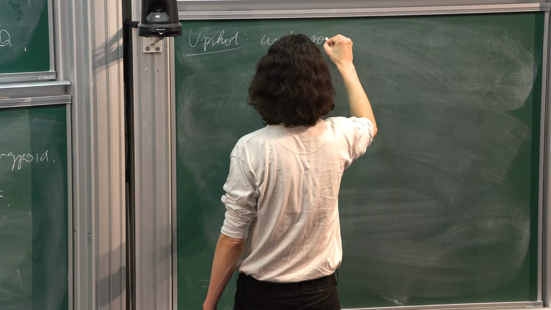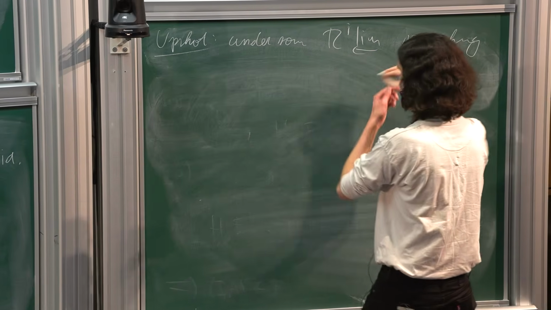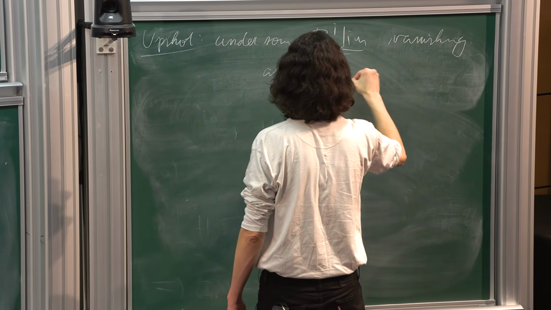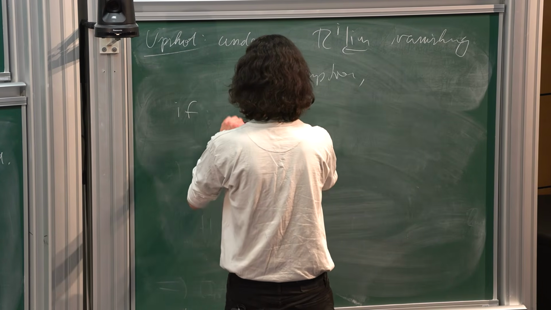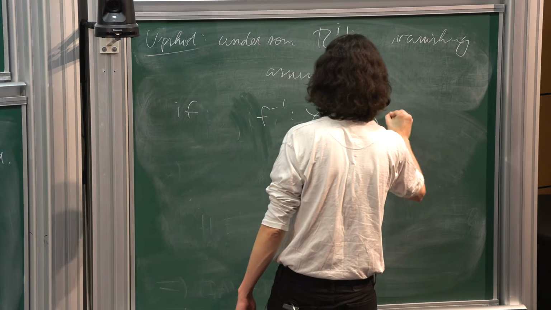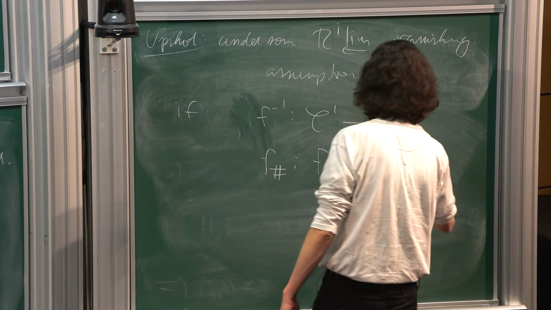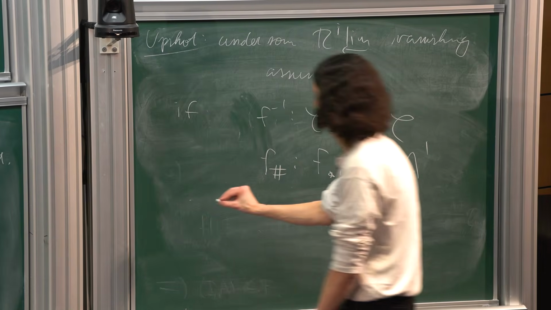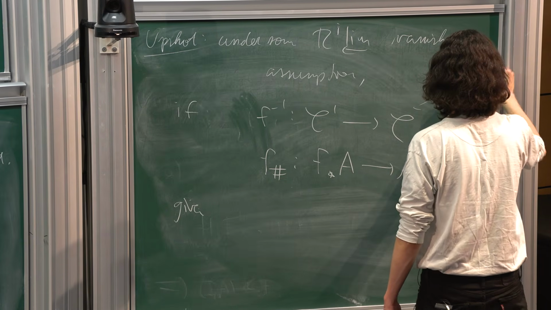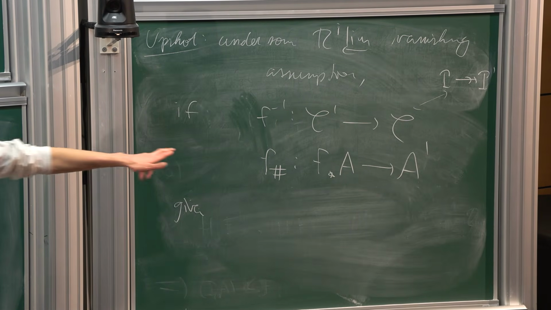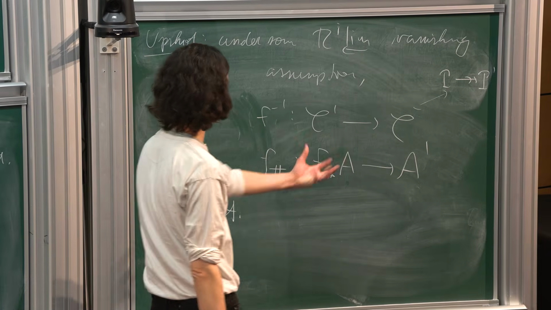Under some R^i lim vanishing assumption, if you're given this part of the data and the corresponding thing for the sheaves, like on the class groups, and let's say that this corresponds to a surjective map of profinite groups, so a quotient of profinite groups, which implies that this push-forward functor is exact, then we need a compatibility on the associated invariant maps.